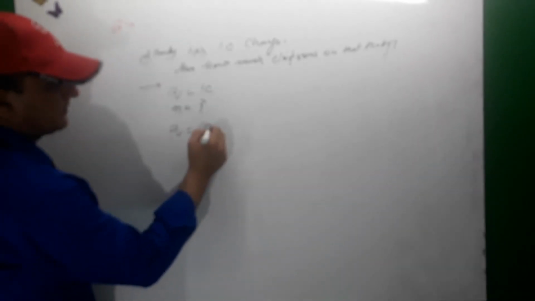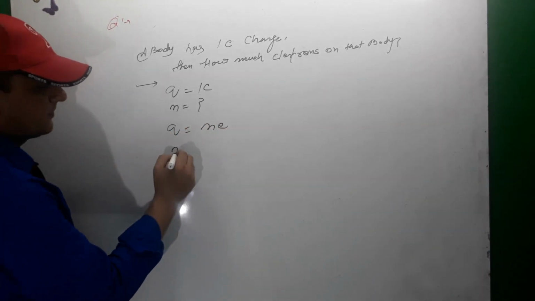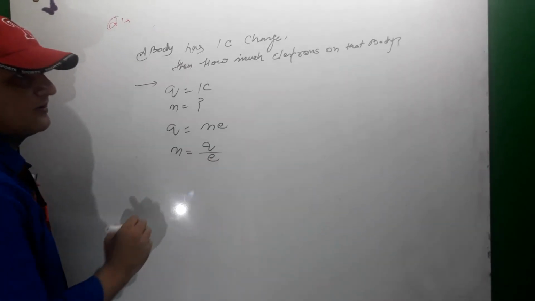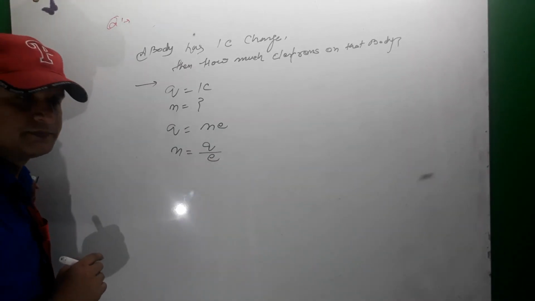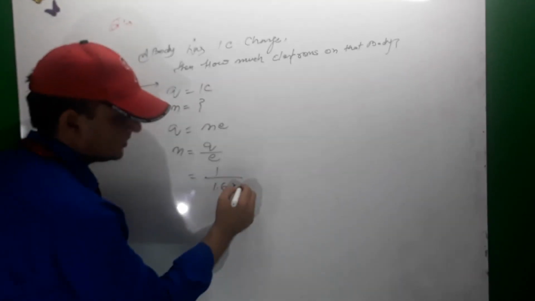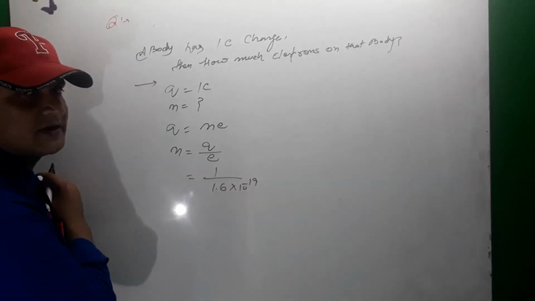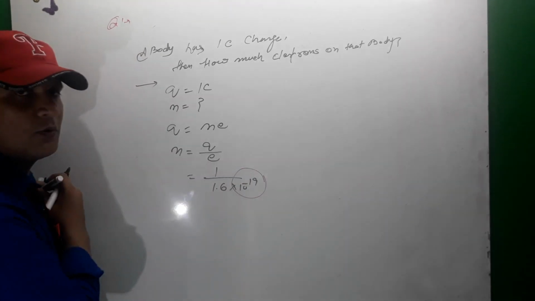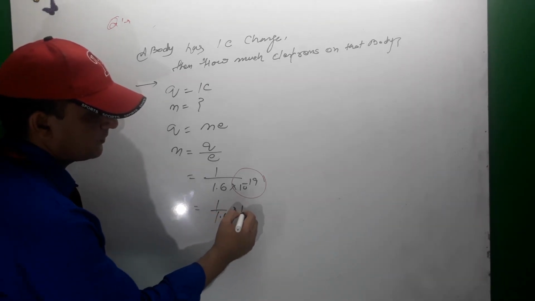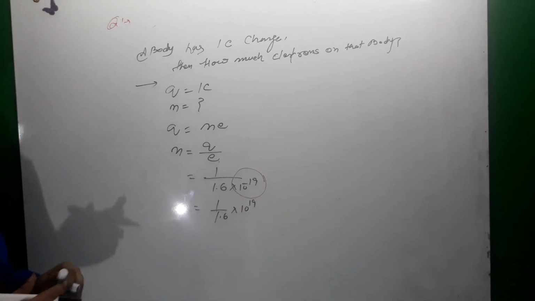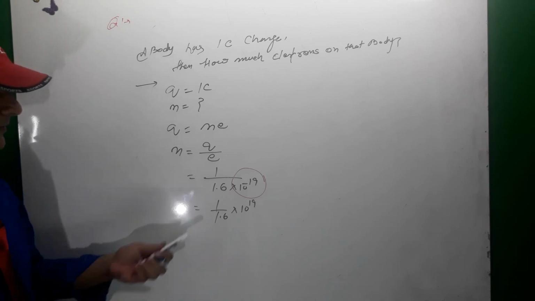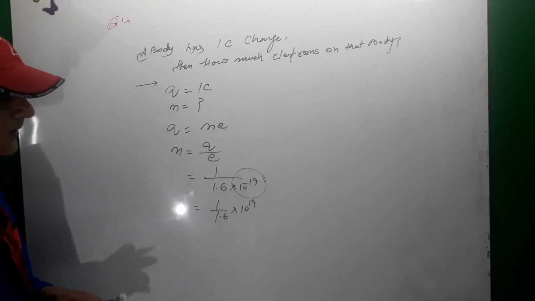To simplify, you will write Q is equal to n e, and from here n is obtained. So the formula will be written in this style. What is the charge? 1 coulomb. What is the value of e? 1.6 × 10^-19. This power of minus 19 will jump higher: 1 upon 1.6 × 10^+19.